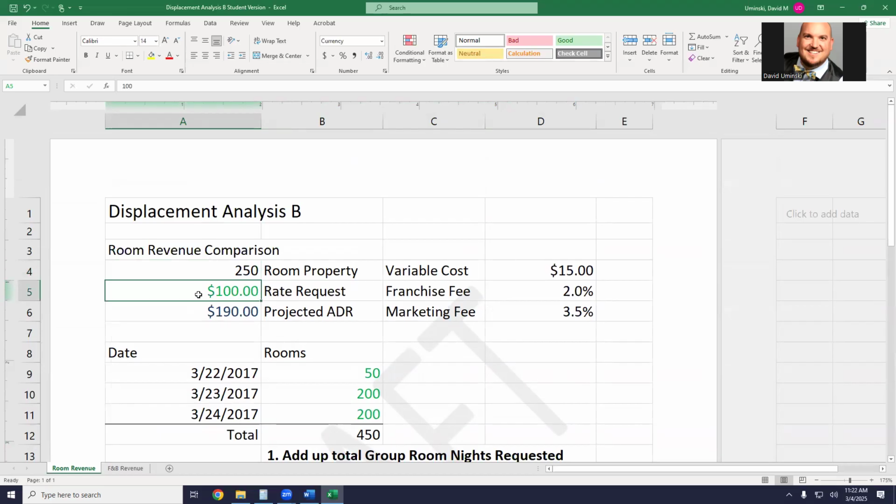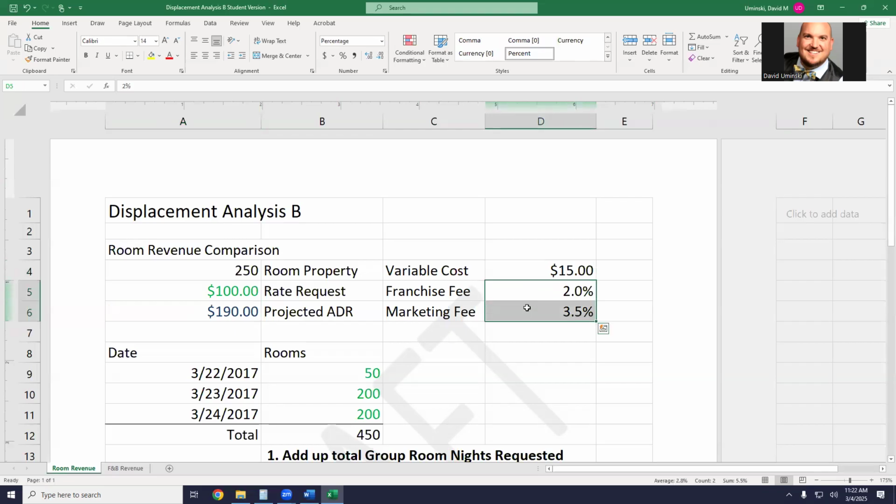The rate that the group is requesting is $100. Our average daily rate is projected at 190, so almost 50% off our ADR. And then our variable cost of $15 and our franchise fee and marketing fee of 2 and 3.5%.